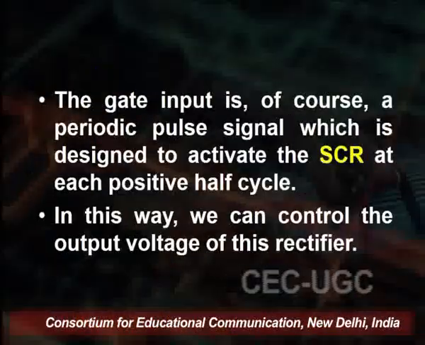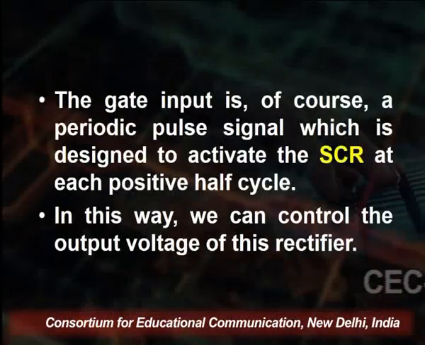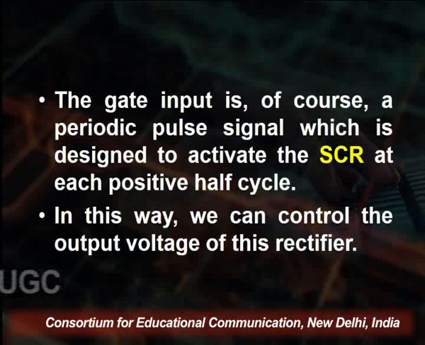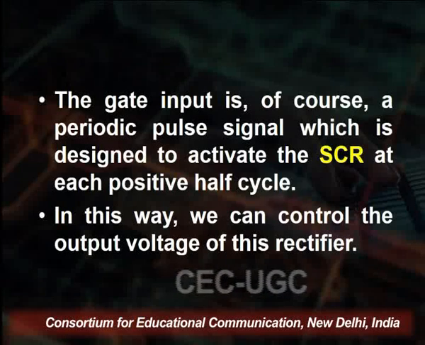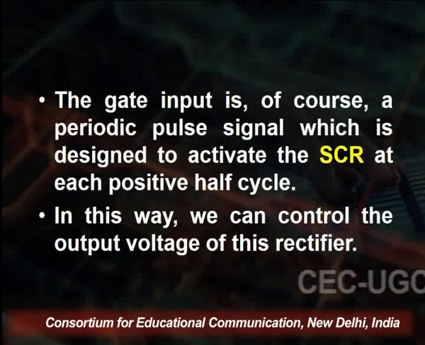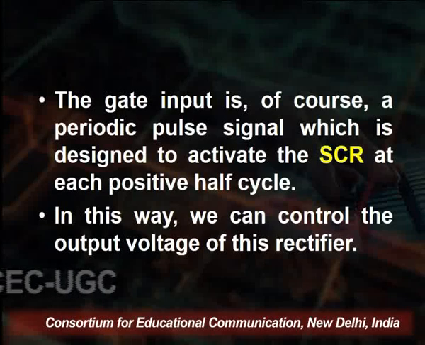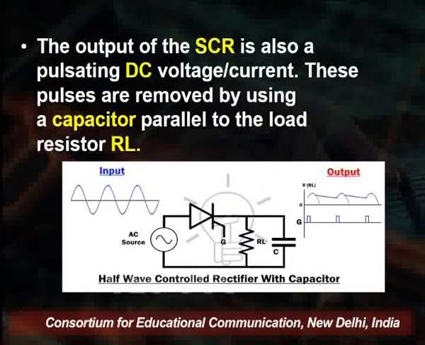During the positive half cycle, the SCR will conduct current on one condition: when a pulse is applied to the gate input. Now the gate input is a periodic pulse signal which is designed to activate the SCR at each positive half cycle. In this way we control the output voltage of the rectifier in a controlled manner.